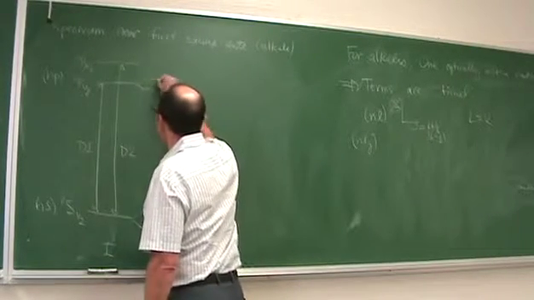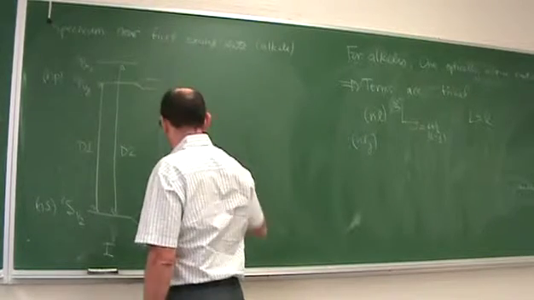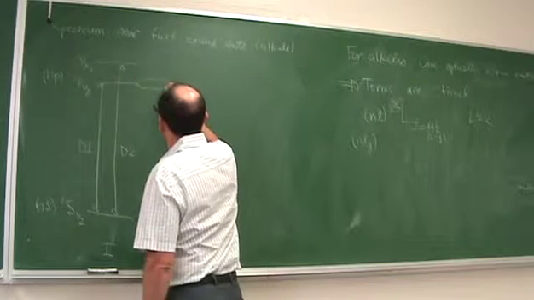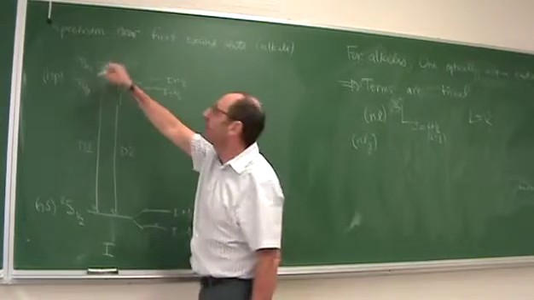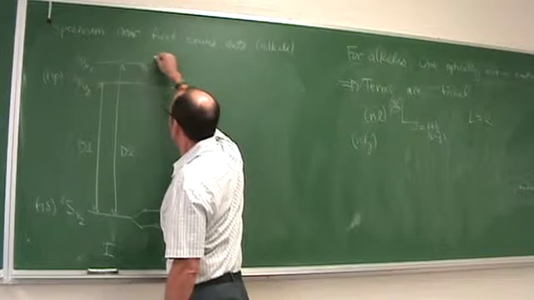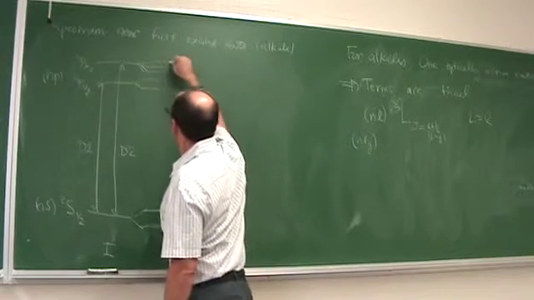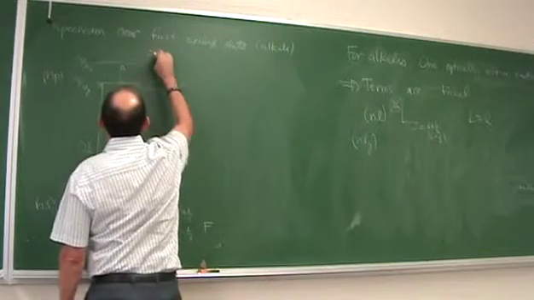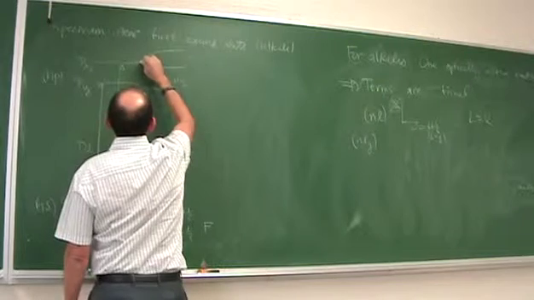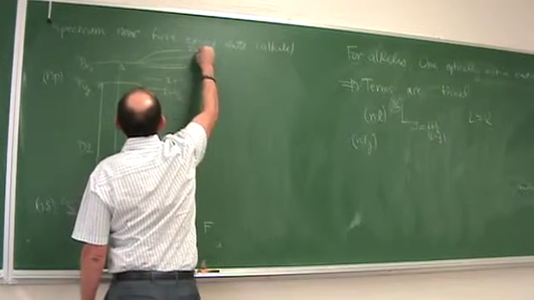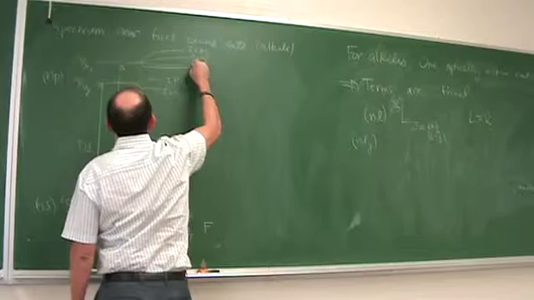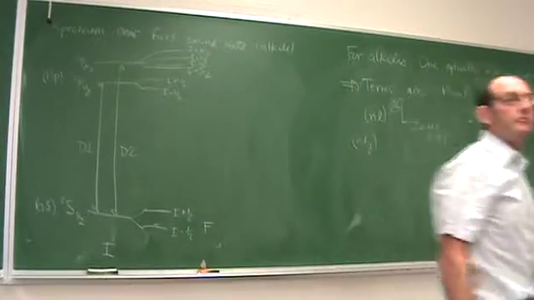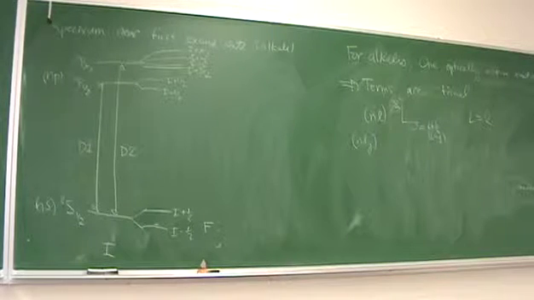Similarly over here, this is my F. And for the P3/2, I can have 4 F values: I plus 3/2, I plus 1/2, I minus 1/2, I minus 3/2, depending on the value of I. So that's the spectrum we're going to get to know and love and live with.